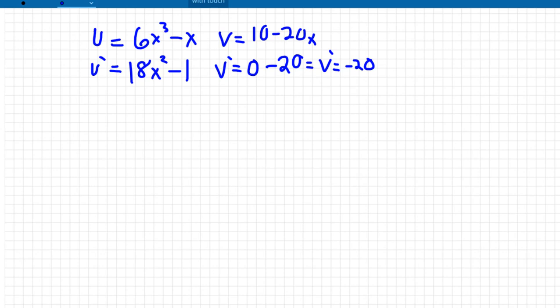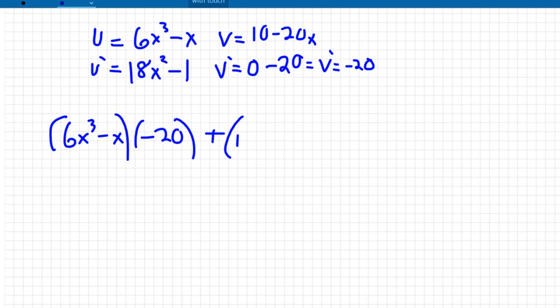So u v prime, so u, which is 6x cubed minus x, times v prime, which is negative 20. And we want to add u prime v. Am I doing this backwards? No, I'm not. Okay. So u prime is 18x squared minus 1. And our v is 10 minus 20x.